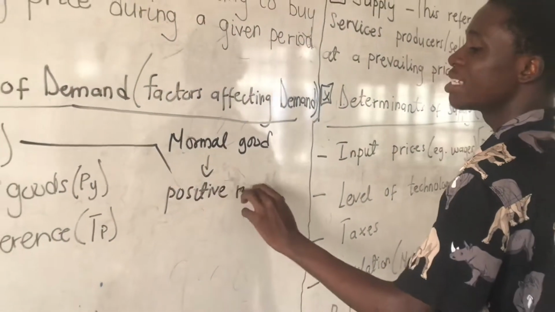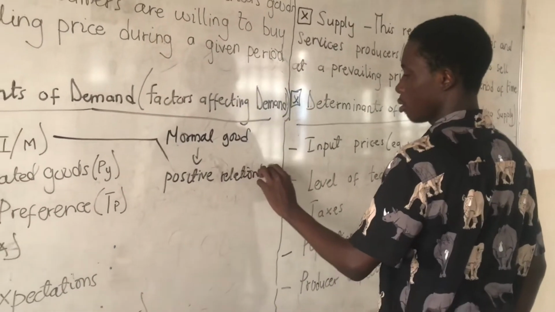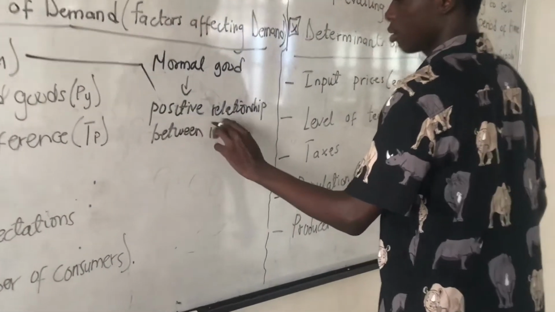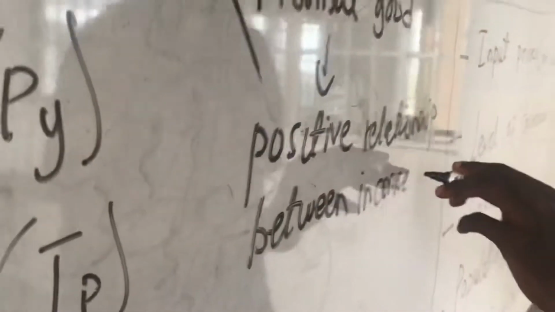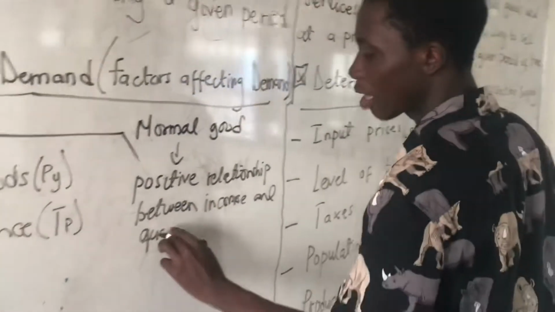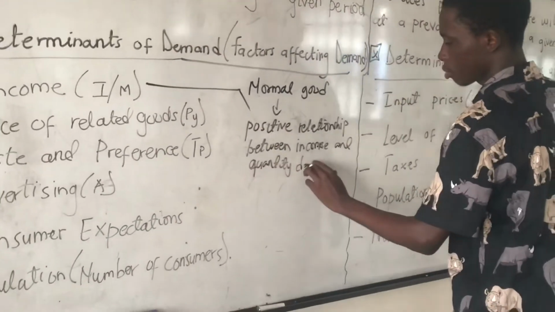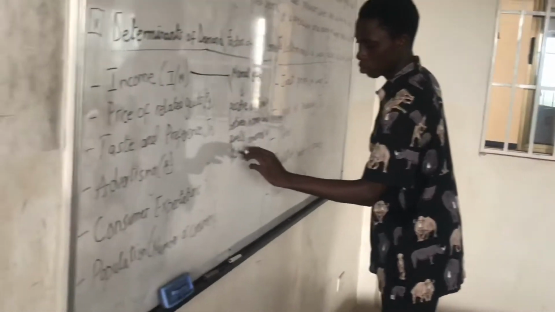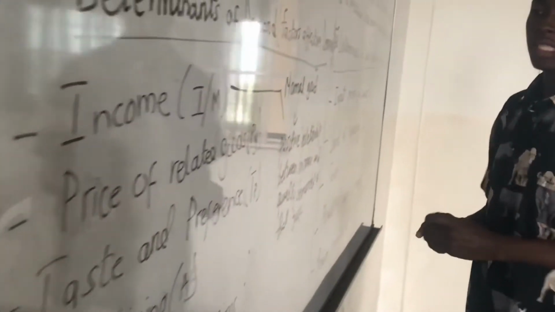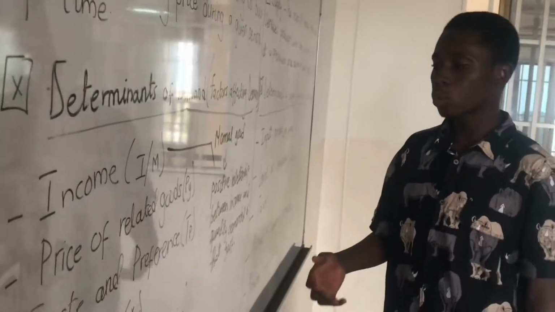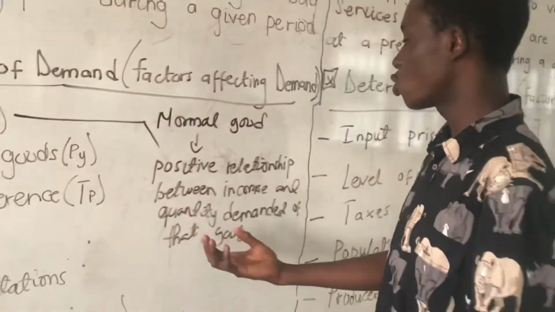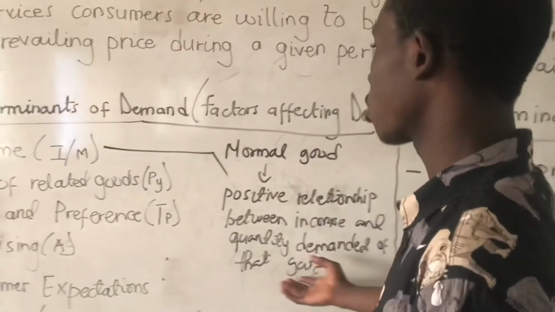Normal good has a positive relationship between income and quantity demanded of that good. That's for the normal good. As income increases, quantity demanded of that good also increases. Therefore, the normal good has a positive relationship between income and quantity demanded of that good.